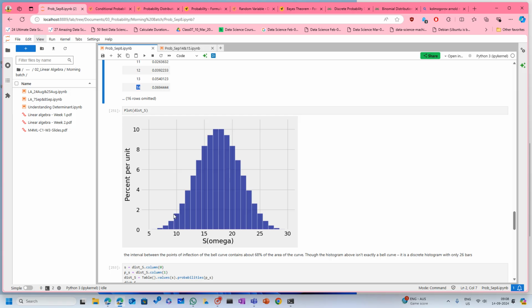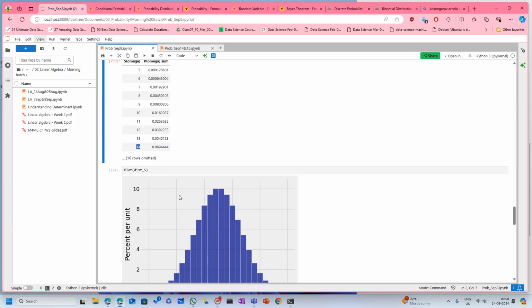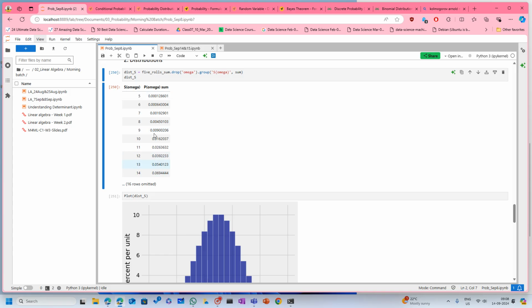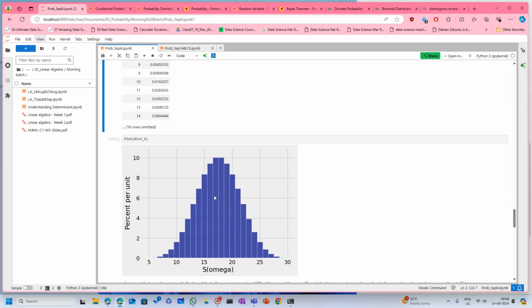The income earned by the poor class will be less, income earned by the higher class is high, the income earned by the middle class is somewhere between. The same behavior is exhibited in rolling of dice. Now this is called distribution. Distribution is nothing but a representation of probabilities in the form of a plot.